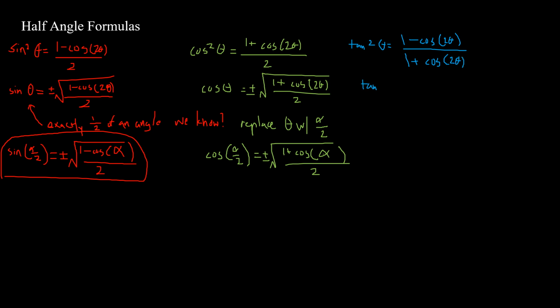I'm going to square root both sides, so we get that tan theta is going to be equal to plus minus square root 1 minus cosine 2 theta over 1 plus cosine 2 theta. And then we're going to replace all the thetas with alpha over 2.